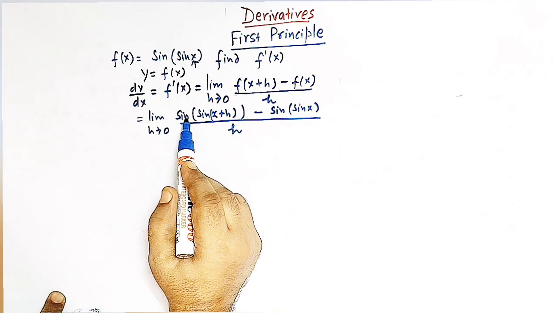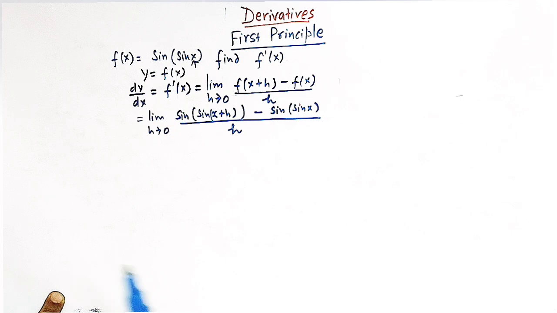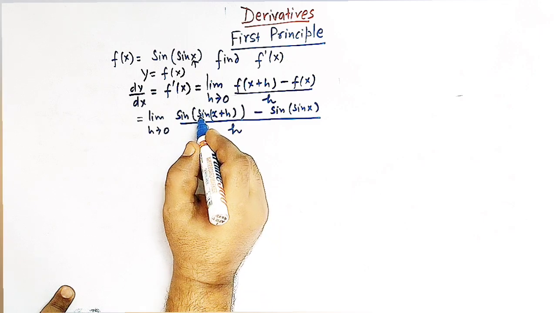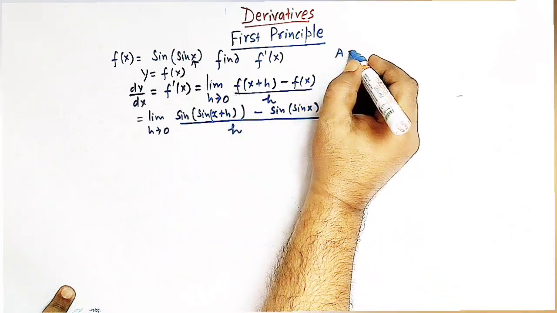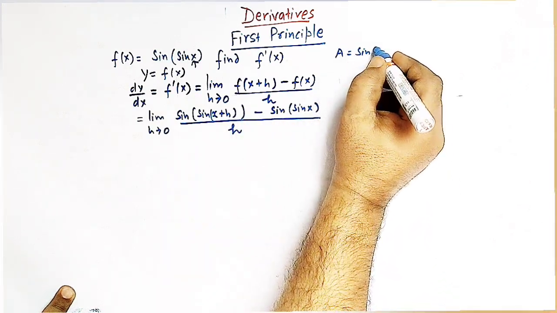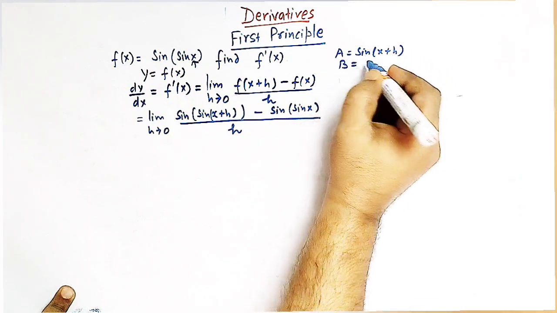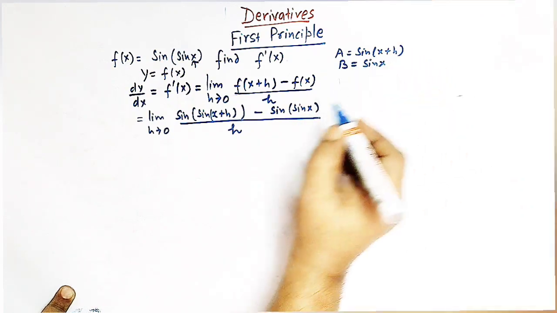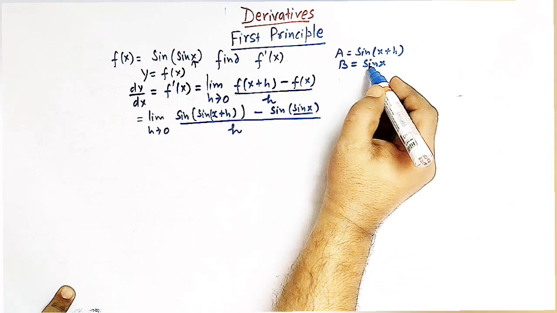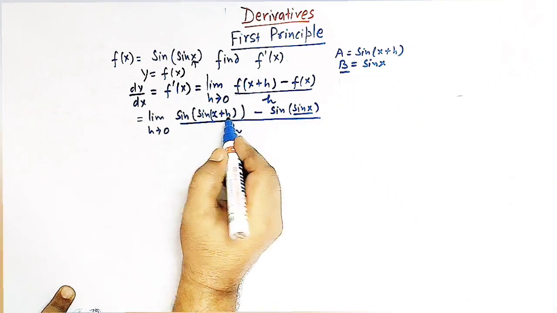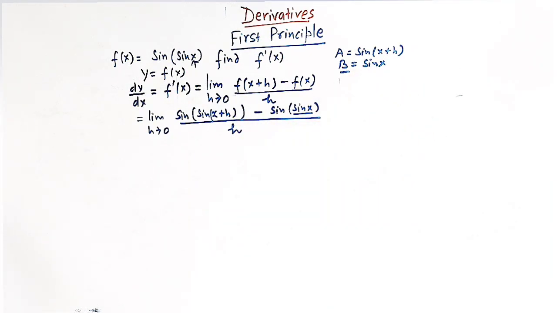Now to simplify the numerator, we can make use of an important identity from trigonometry, right? So let us take a is equal to sine of x plus h, and b as sine of x.